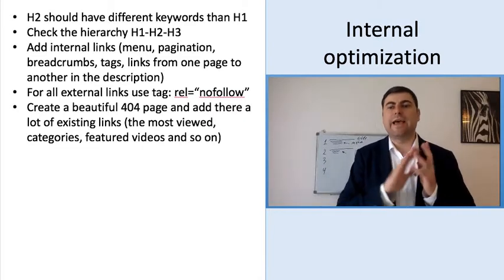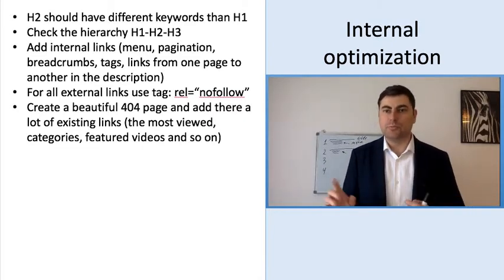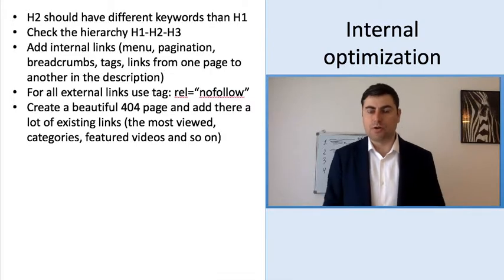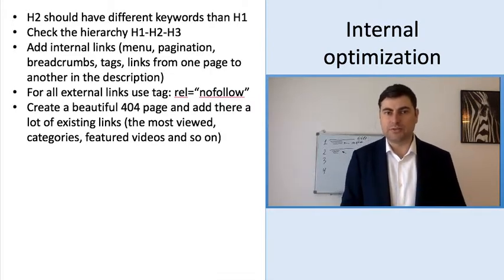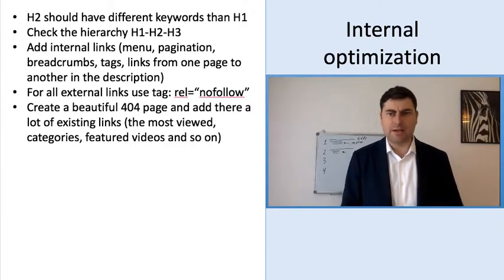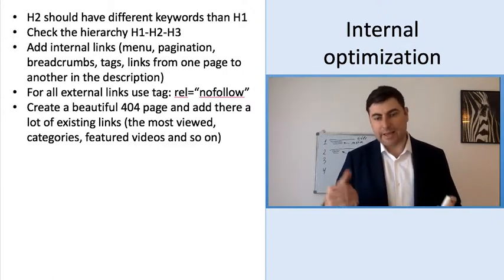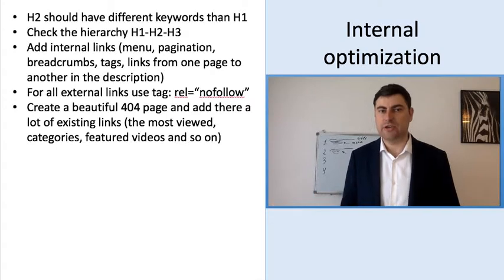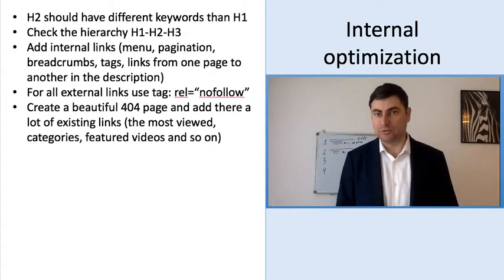So put links anywhere, like the menu. Users can switch to different categories on the menu, on pagination. For example, you have many videos and you have to put pagination, so he'll be able to switch pages.